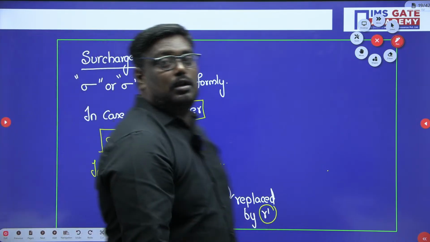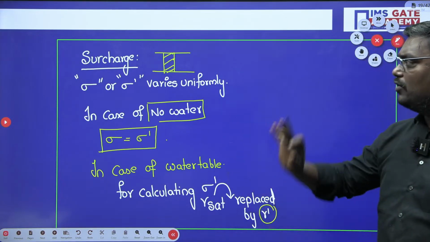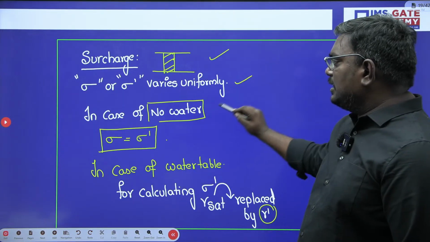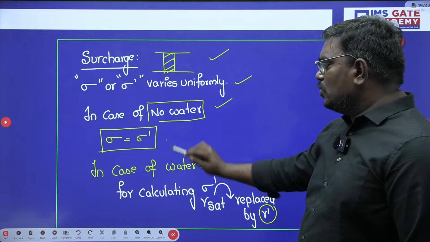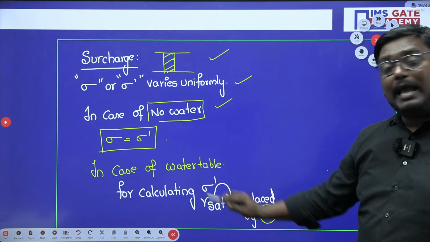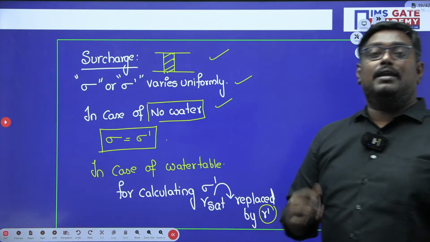Is it clear? Are you following, Gagan? Arvind and Gagan, are you following, sir? So here is one case, here is the other case. In case of no water table, total stress and effective stress will be the same. In case of water table, for calculating the effective stress, gamma sat is replaced by gamma dash.